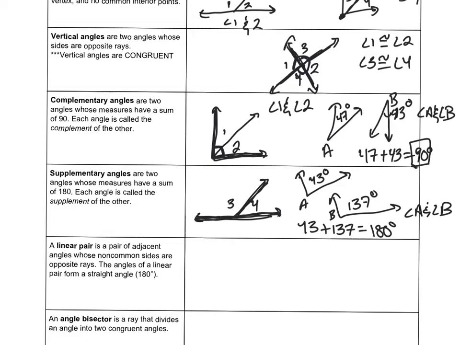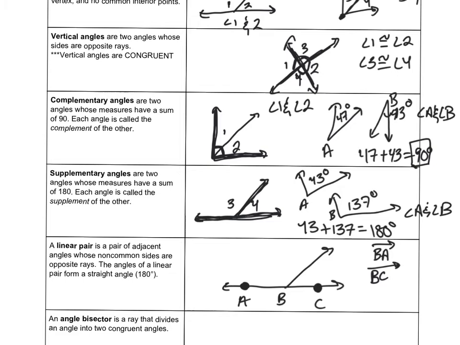Now we have a linear pair. A linear pair is a pair of adjacent angles whose non-common sides are opposite rays. What that means is we will have a straight line with a ray, and we'll call the vertex B, and then we have two points, A and C. The opposite rays are ray BA and ray BC.